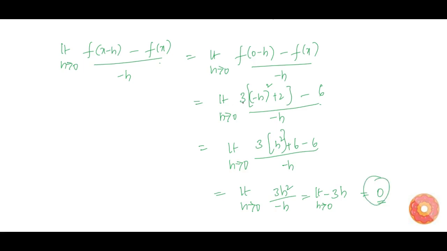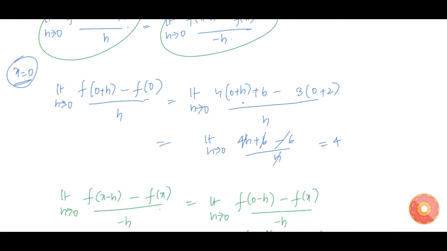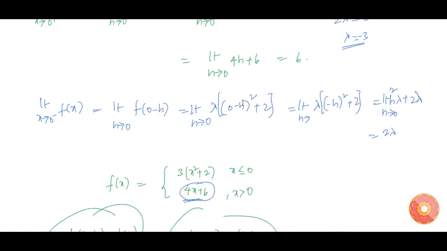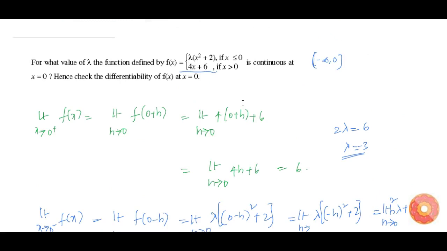Therefore the function is not differentiable. See, the right hand part of the equation is 0 and the left hand part of the equation is 4, which means these two are not equal. Therefore this function is not differentiable at the boundary x equal to 0. Actually, when a function is given, we need to first find the differentiability at the boundaries. Then we check the other intervals, that is from minus infinity to 0 and 0 to infinity.